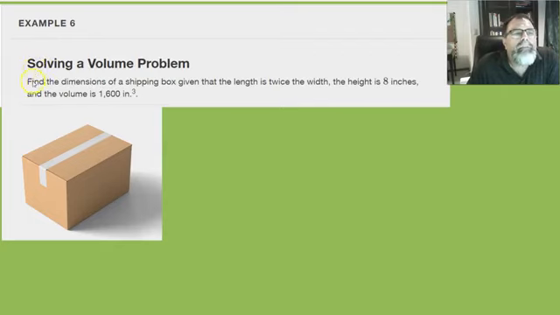Let's look at example 6. Find the dimensions of a shipping box given the length is twice the width and the height is 8 inches. And the volume is 1,600 cubic inches. All right, so the volume for a box is length times width times height.